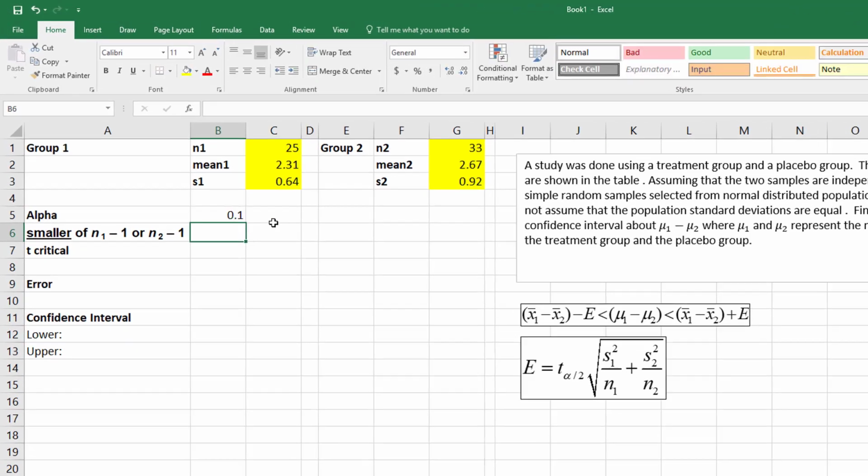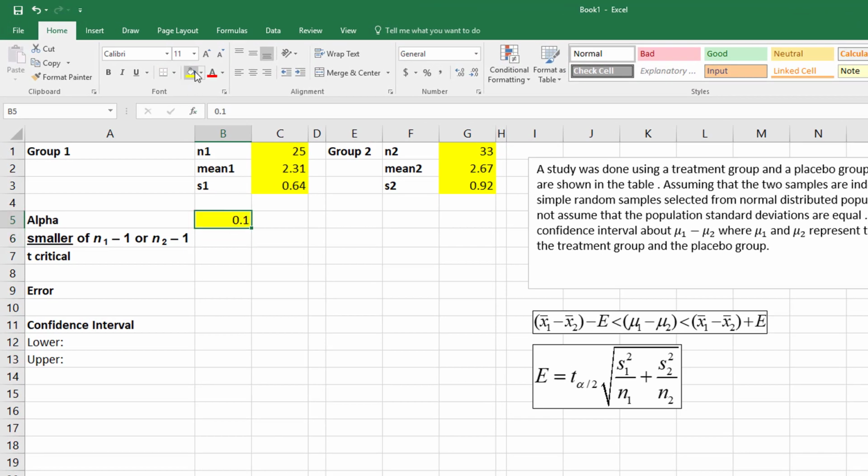So I know my alpha is 1 minus 0.90. So that would be that. The book tells you there's a lot of debate on what you use for the degrees of freedom to find your critical value. The book says pick the sample size minus one of the smaller of the two values.